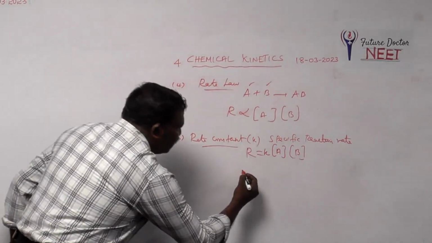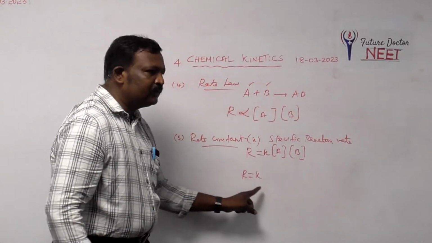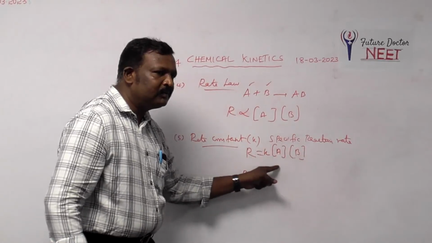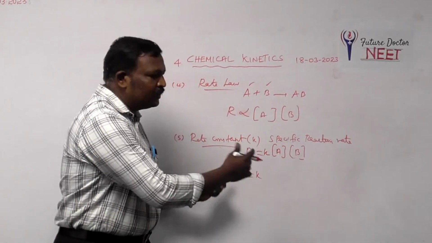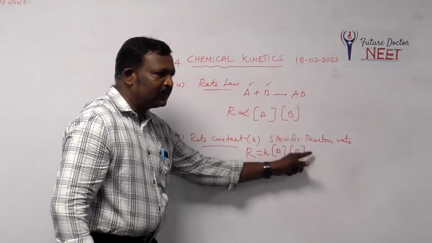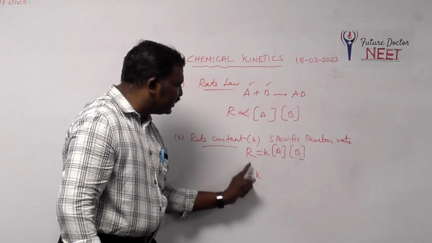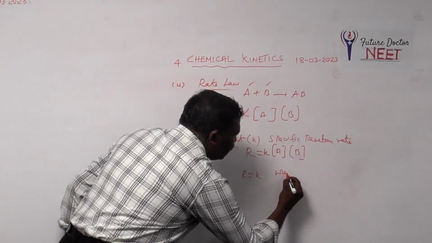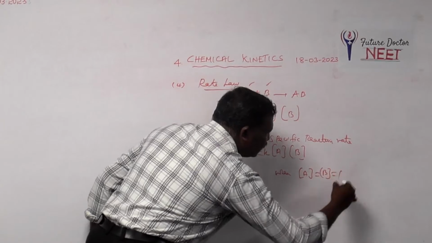See, then one more definition for this they are giving. Suppose when R is equal to K, because this term is what? When R is equal to K, this term is what? 1, no? Are you following? When the concentration of the reactant is 1, rate of reaction is equal to rate constant. Are you following? Okay. When concentration of A, concentration of B is equal to what? 1.